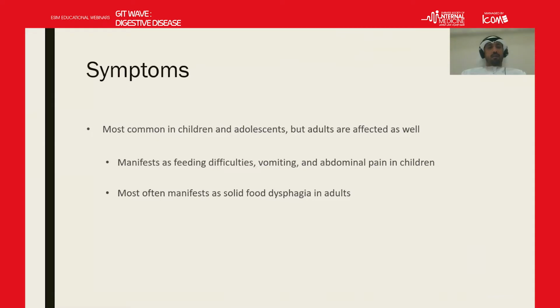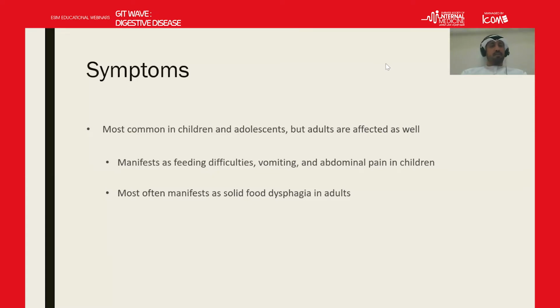So we looked into the causes, associated factors, and possible pathogenesis of it. So what are the symptoms? What do we have to look for in adults or children to suspect eosinophilic esophagitis? It is most common in children and adolescents, but adults are affected as well.